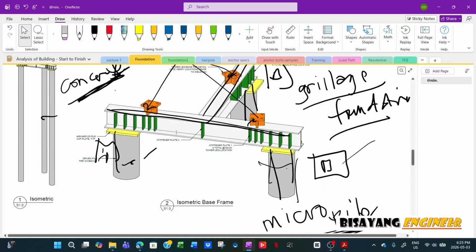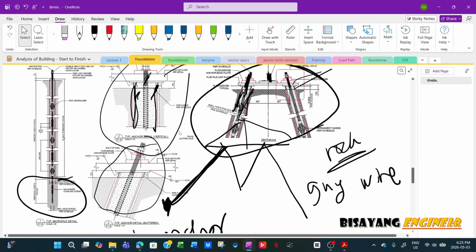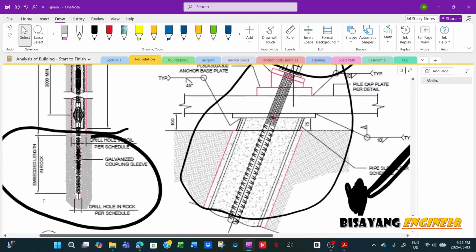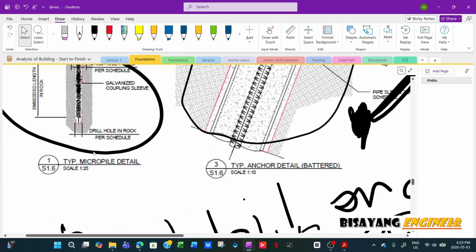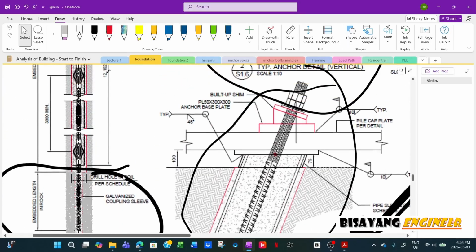If he wants a driven pile, then driven pile. If it's timber cribbing, I will design timber cribbing. But on this one, like I said, my scope was only the structural part, and I have no idea how to calculate the embedment length.